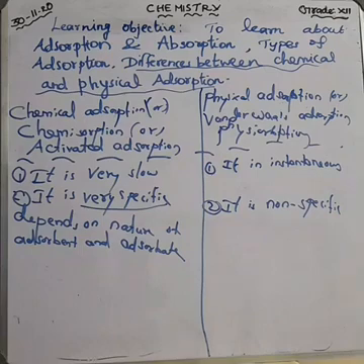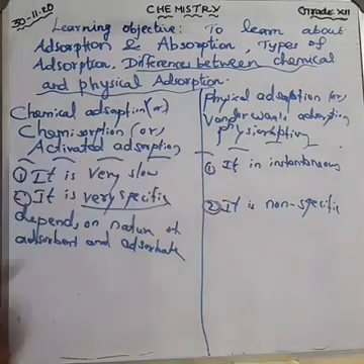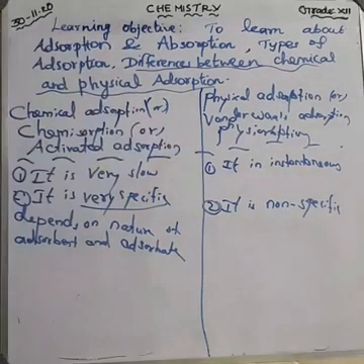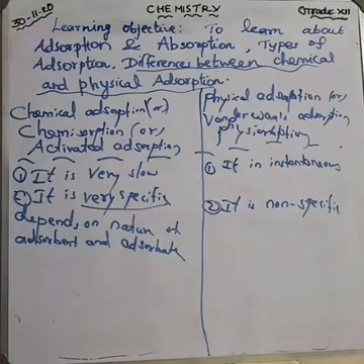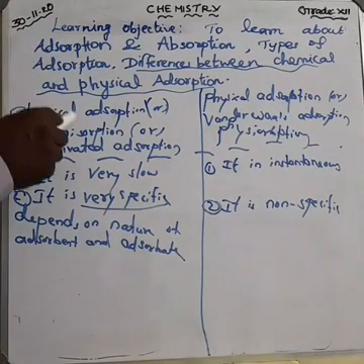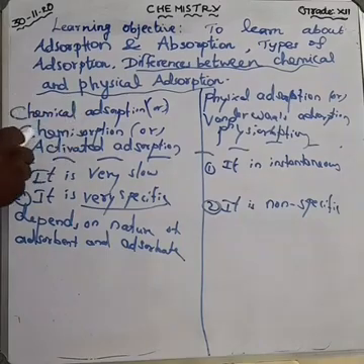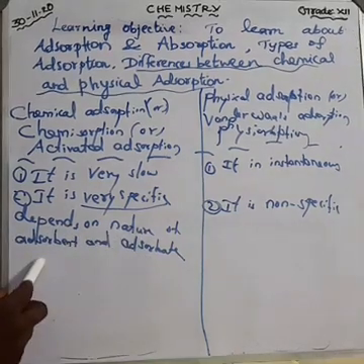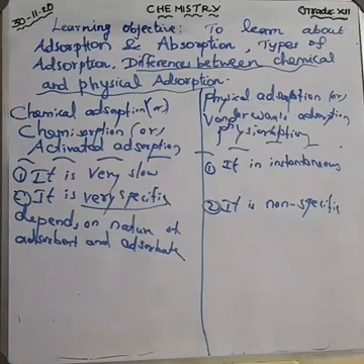What are the first two points? First, chemical adsorption is very slow, while physical adsorption is instantaneous, immediate, quick, fast. Second, chemical adsorption is very specific, depending on the nature of the adsorbent and adsorbate.